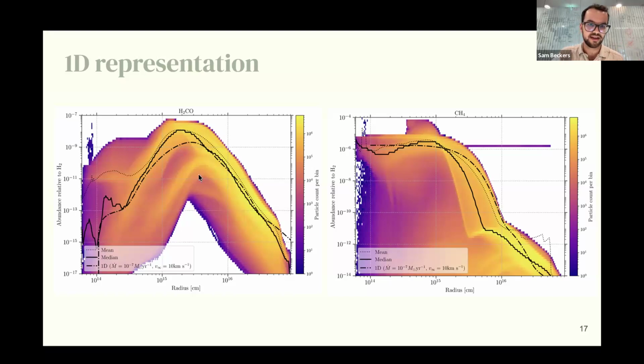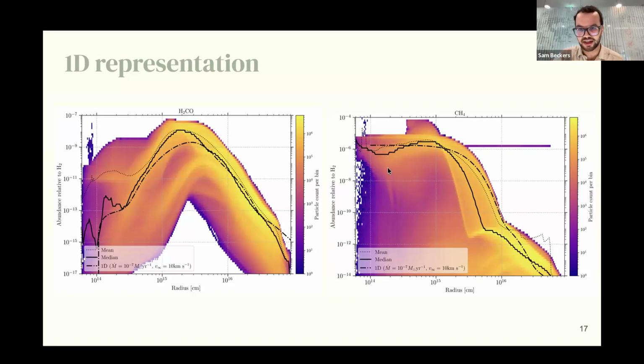But you see in the point density, so all these points, that there are multiple pathways that the molecules take in the abundance profile, which is exactly what we think when we compare a symmetrical, smooth 1D outflow to a 3D outflow, that because it's not symmetric and because there are different things happening in this model with spirals and stuff, that there are multiple paths that it can take.